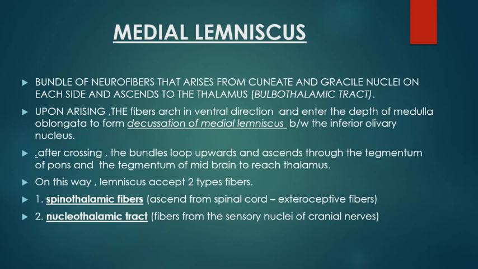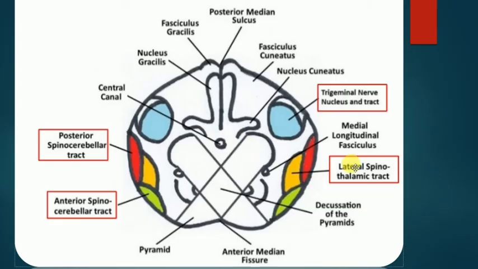On this way, lemniscus accepts two types of fibers, spinothalamic fibers and nucleothalamic fibers. Spinothalamic fibers ascend from spinal cord, exteroceptive fibers. Nucleothalamic tract fibers come from the sensory nuclei of cranial nerves. Lateral spinothalamic tract.